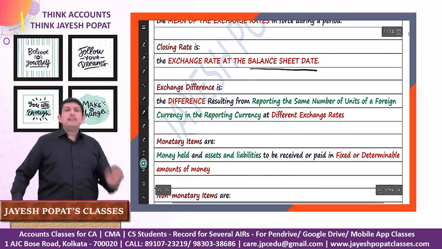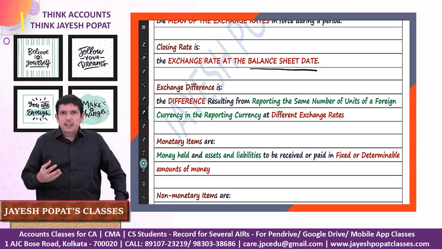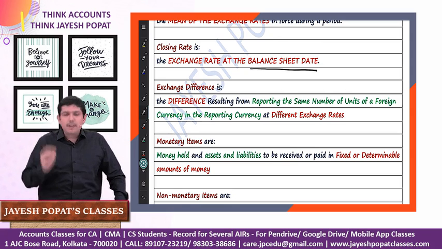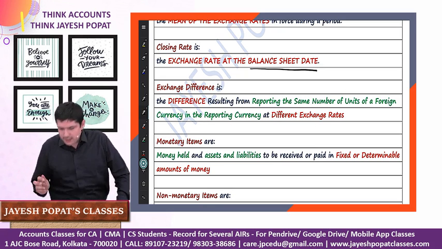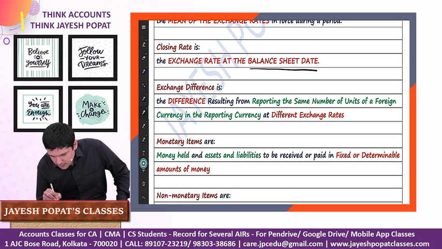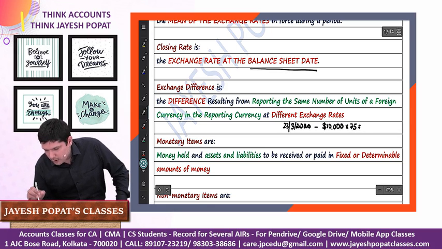Then we'll understand what is exchange difference. Exchange difference is the difference which results from reporting the same number of units of a foreign currency at different exchange rates. For example, let's say I purchased certain goods on 23rd of March 2020, worth $10,000, and on that day the exchange rate is 75 per dollar.